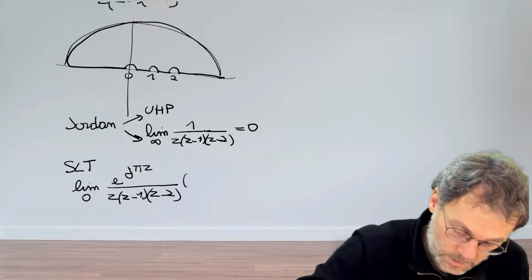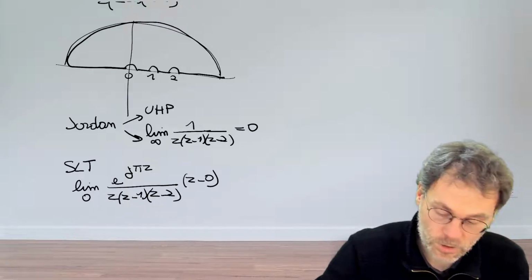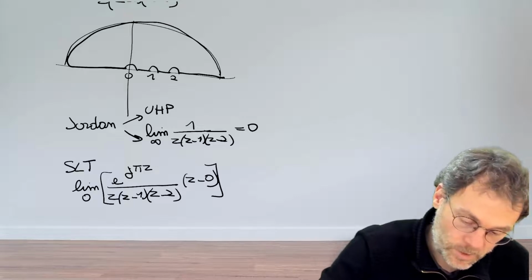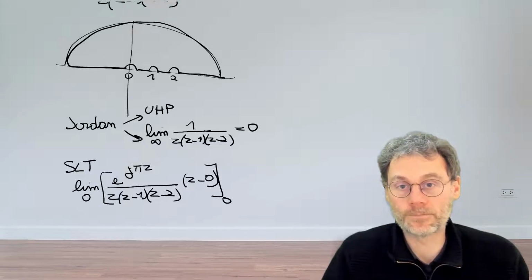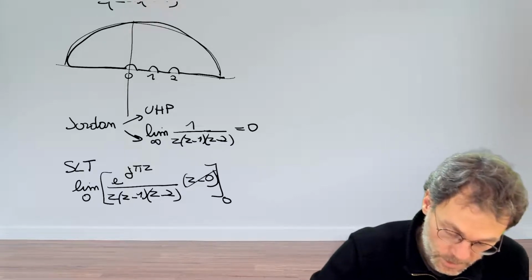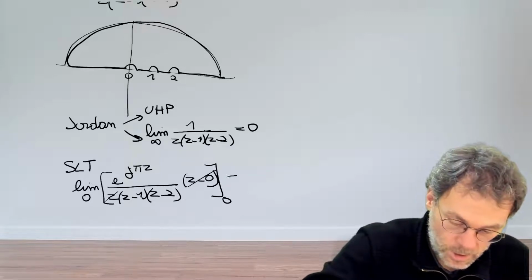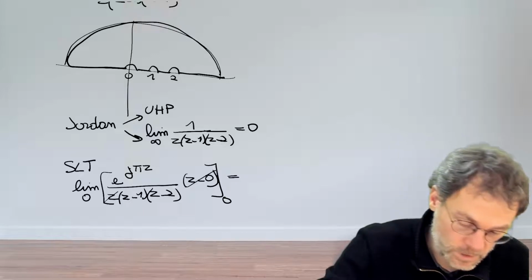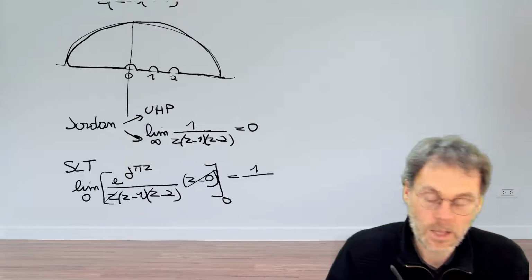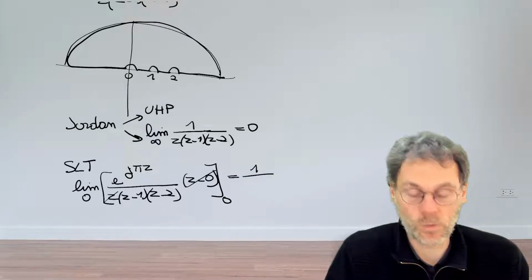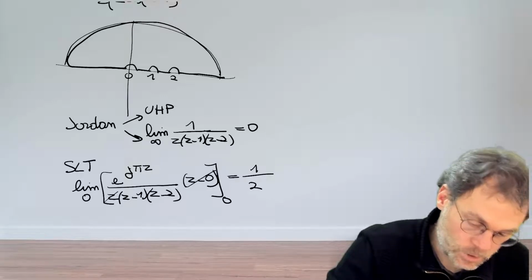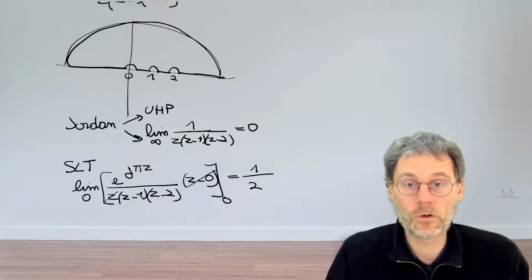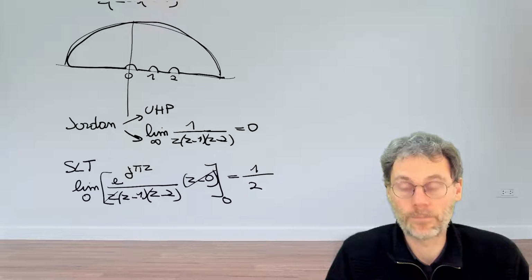And let's not forget to multiply by z minus the origin, of course. And then we evaluate that at the origin. And as expected, we have some cancellation going on. So if we evaluate that, we have exponential to the power of 0, which is going to be 1. And then for the denominator, minus 1 times minus 2, that's just going to be 2. So the first limit is 1/2.